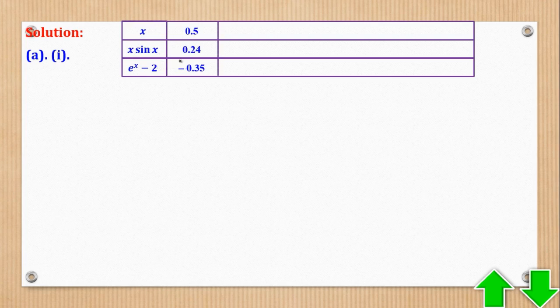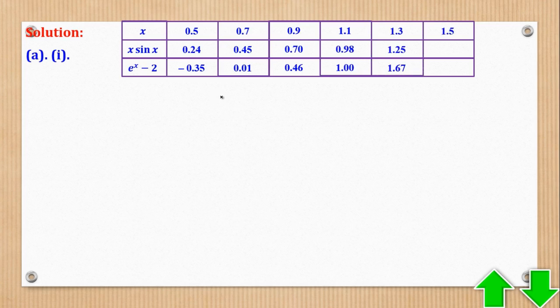Then when x is 0.7, we shall have this here, and this becomes that. 0.9 we have that and that. 1.1 that and that. 1.3 that and that. Then 1.5 that and that.